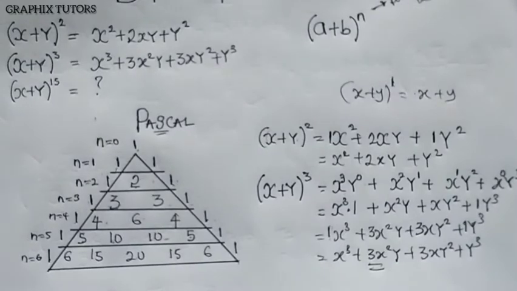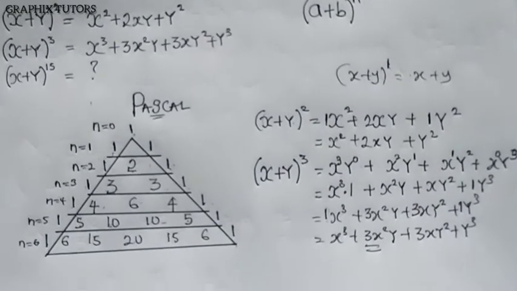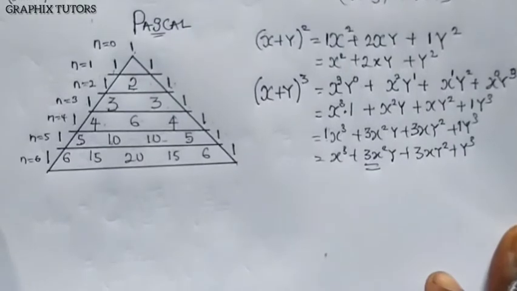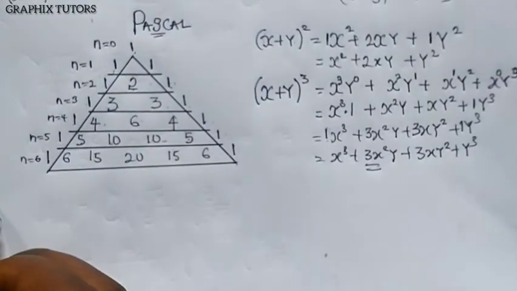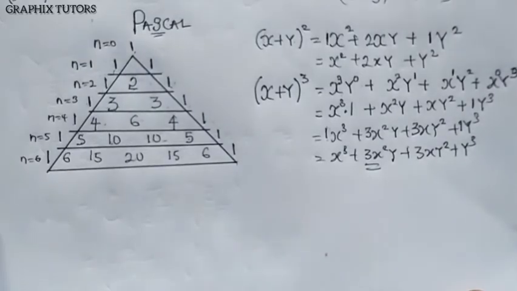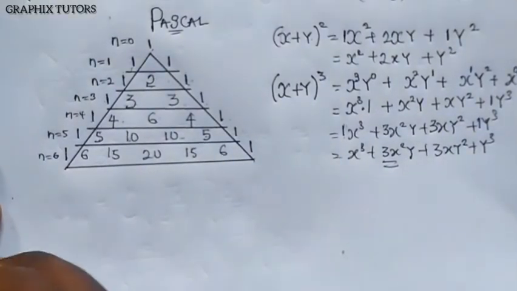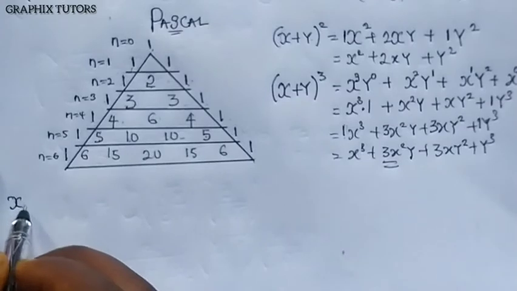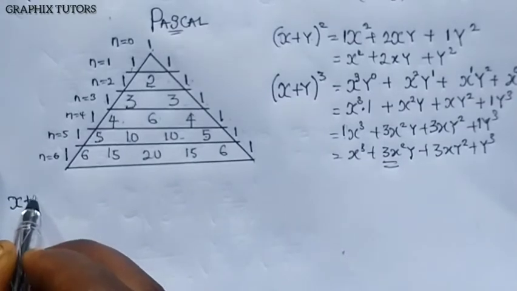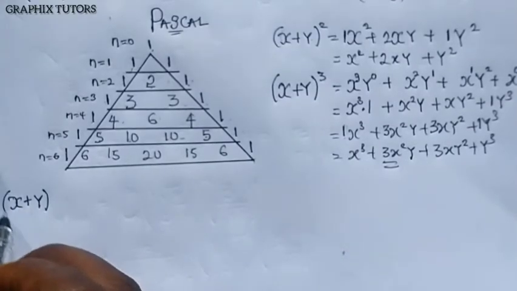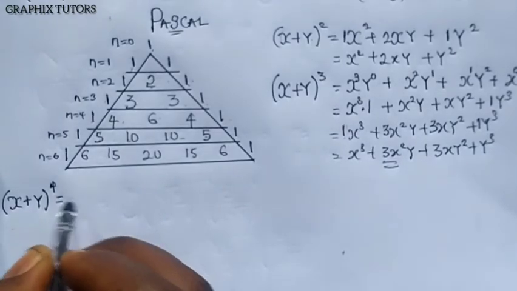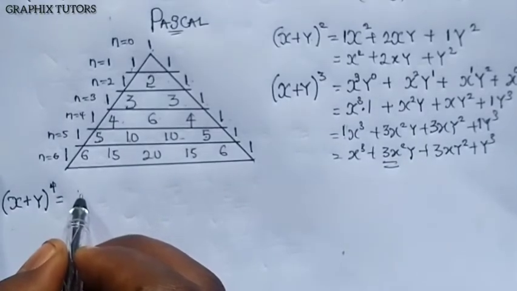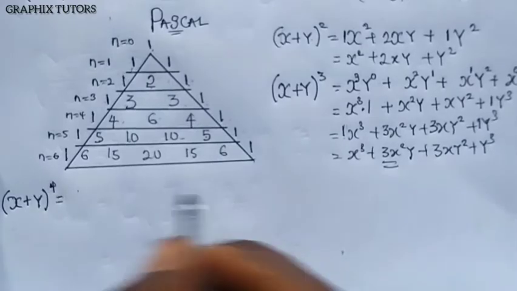So let's take another example as we move on. If I have x plus y to the power of 4, I'll take xy in 5 places because the power is 4, so I add 1 to it.